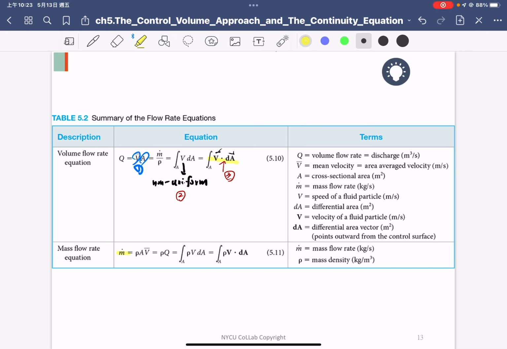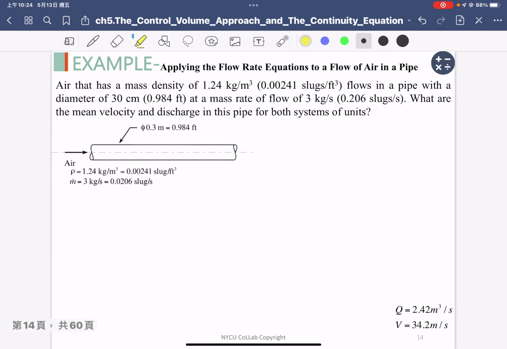The only difference compared to discharge is the additional density, because the density multiplied by the discharge will equal the mass flow. So that's a table summarizing all of the information we have learned before. In the following, we have three exercises, and based on the exercise conditions, you can choose which one is better for your questions.